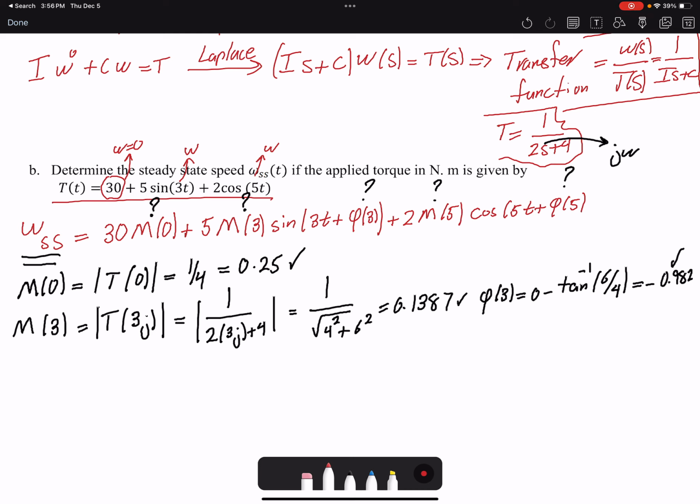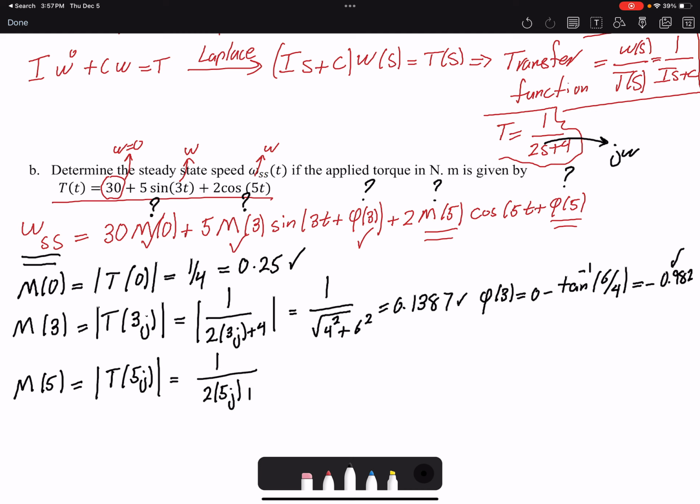So far this is resolved, this is resolved, and then phi3 is resolved. I need to find M5 and phi5. Let's go and do that. So we just need to replace s with j omega. Here omega is 5, so 5j. The process might be a little bit tedious, but you would immediately see that it's pretty straightforward.